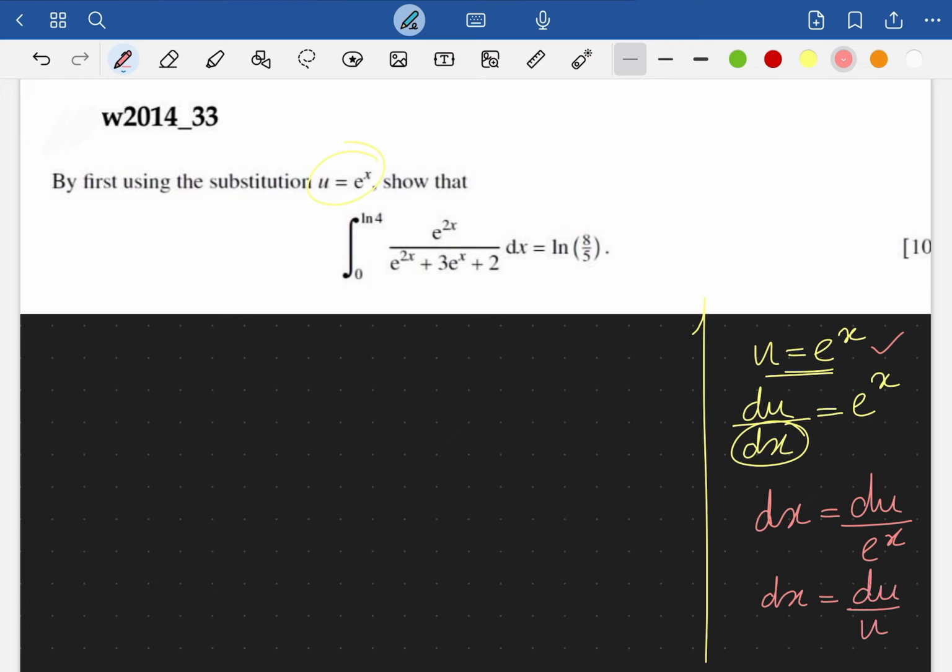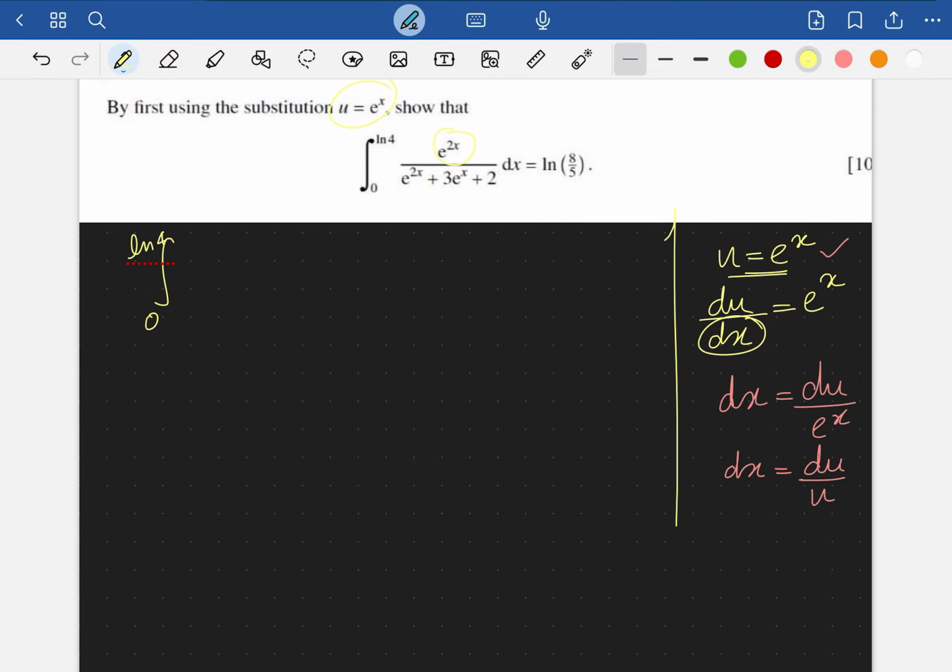Now coming to the integration part, from 0 to ln 4, the limits are given. Now, e to the power of 2x, how can we get this? We know that u is equal to e to the power of x. Hence, if I square both sides, I will get u squared is equal to e to the power of 2x.